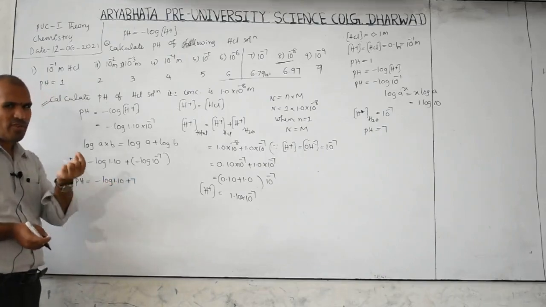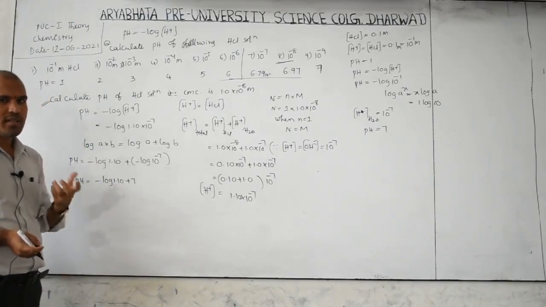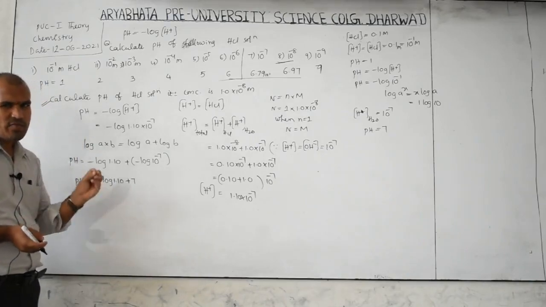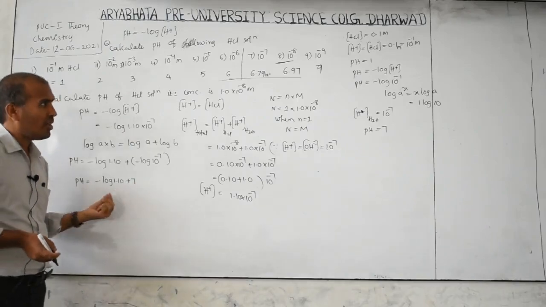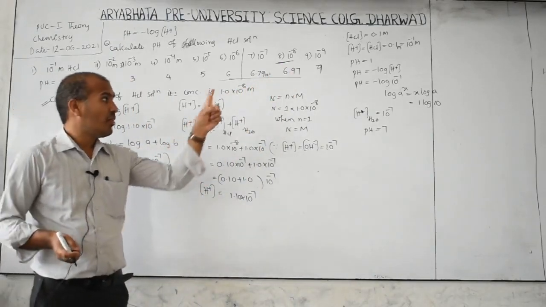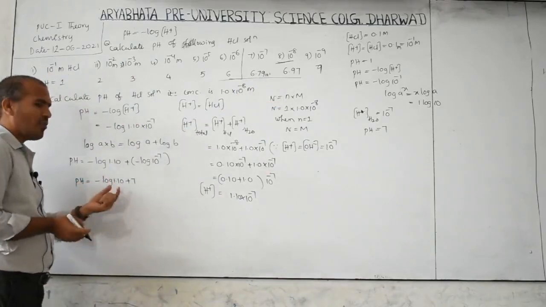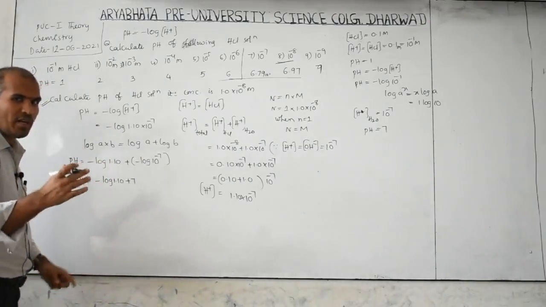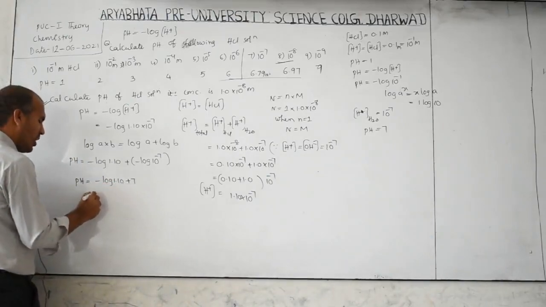Mathematically, log 1 is 0 and log 1.1 is very small, so a very small value is subtracted from 7, that is 6.97. So the answer is 6.97. You can check the 1.1 value from your textbook, it may be given at the back.